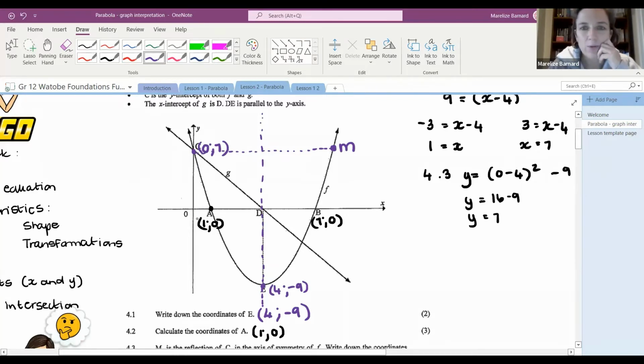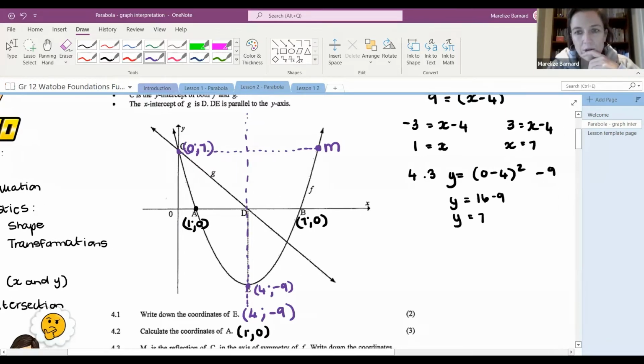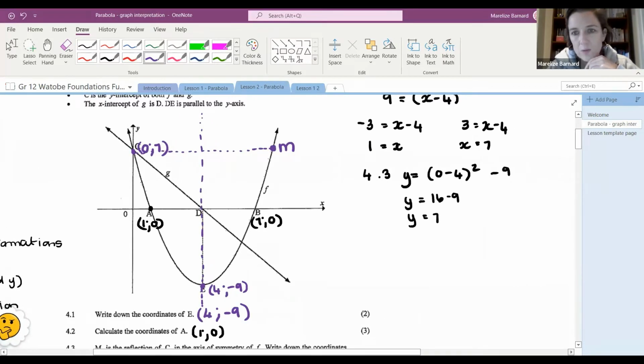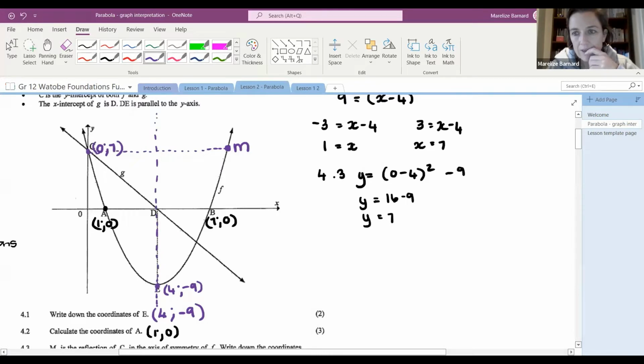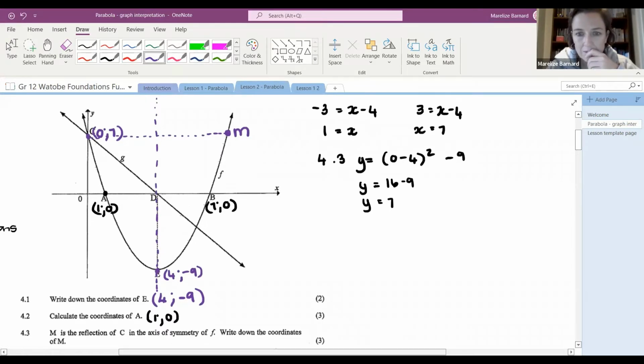Okay, so I think we all agree that the y-coordinate for M is 7, but what exactly is the x-coordinate? Since we know what the y-coordinate is, we can substitute that in and find what x is.